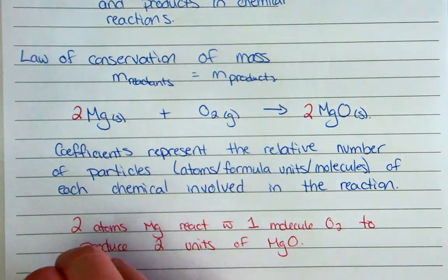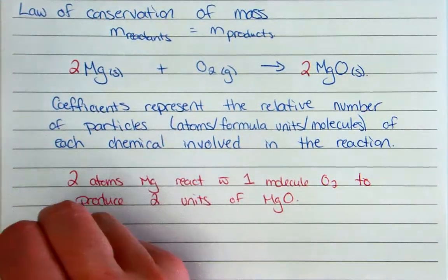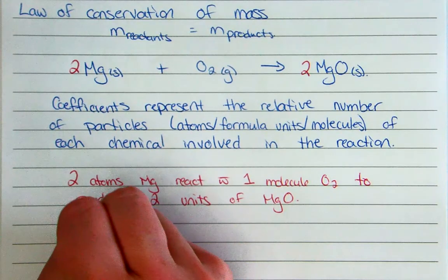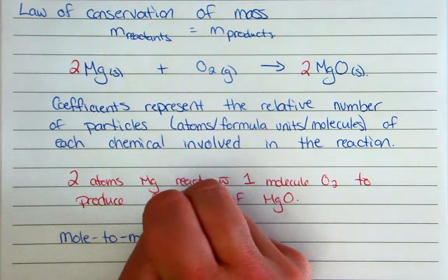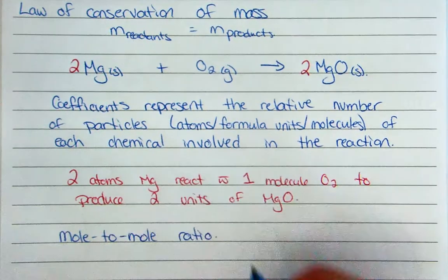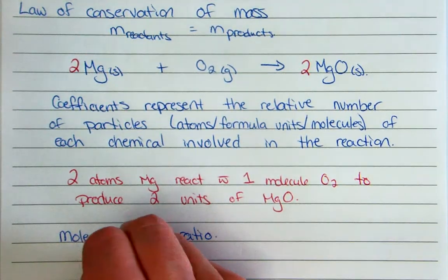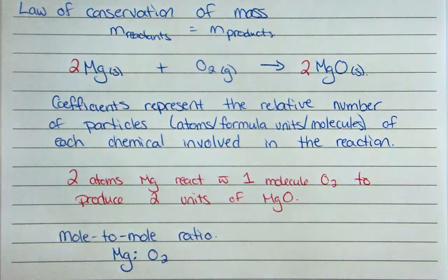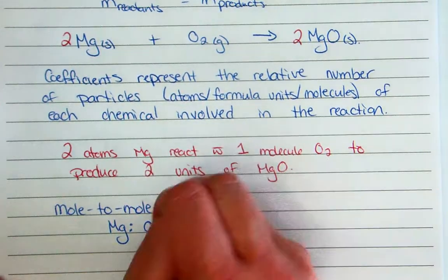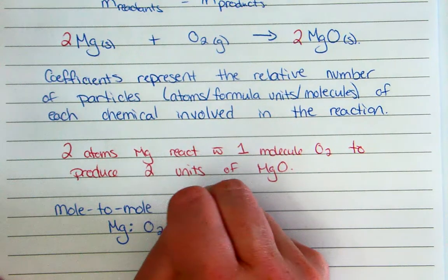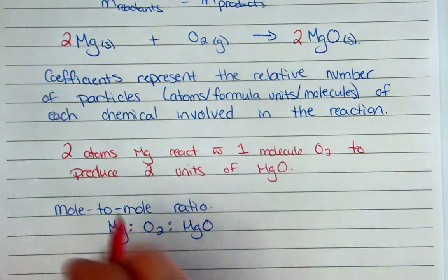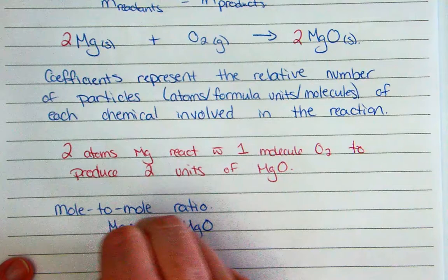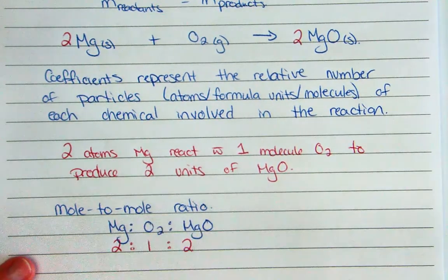We can simplify this more, and it's what we're going to call a mole to mole ratio. So if we look at the number of moles of magnesium reacting with the number of moles of oxygen to produce the number of moles of magnesium oxide, that means we have 2 to 1 to 2.